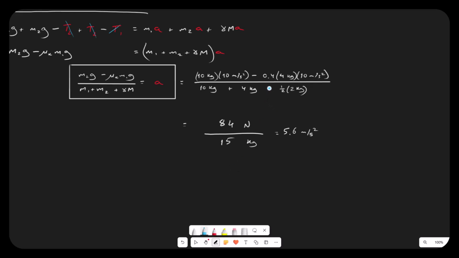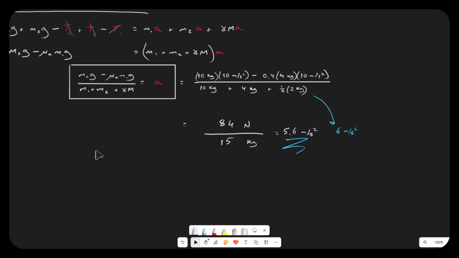When the pulley didn't have mass, this term would have gone away, and I would have been left with 84 over 14, which is 6. So I would have had 6 meters per second squared. I end up instead with 5.6 meters per second squared. This thing is moving a little bit slower.